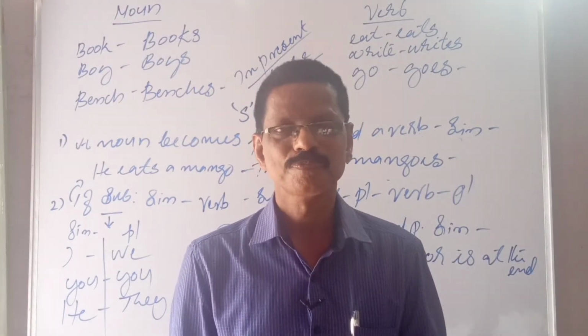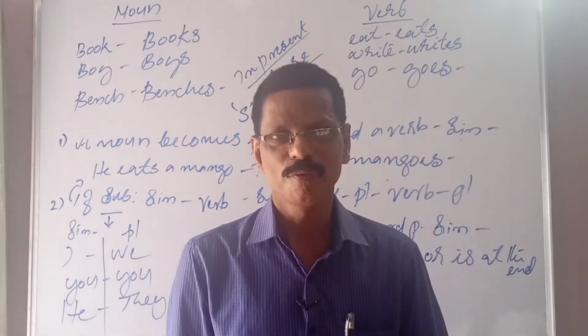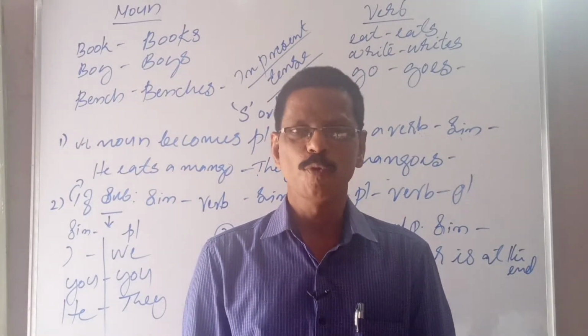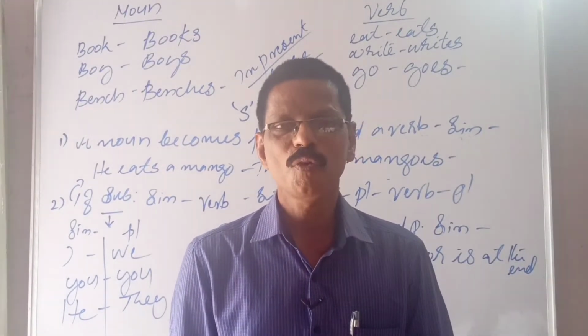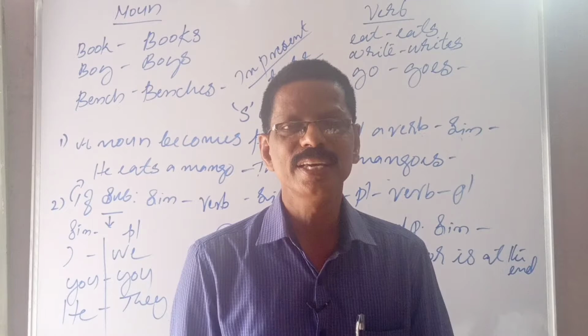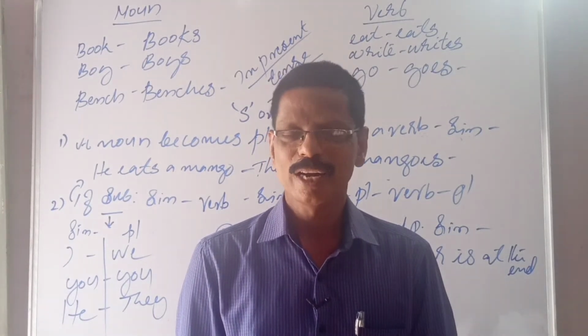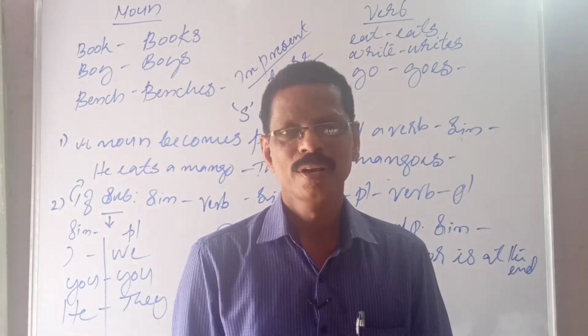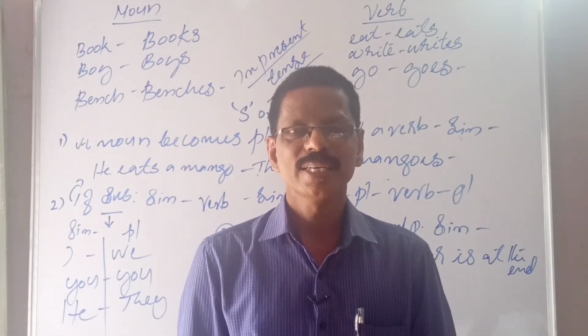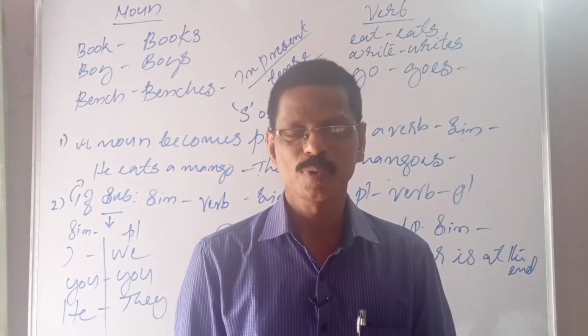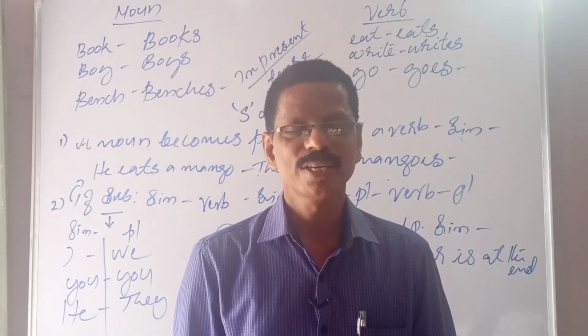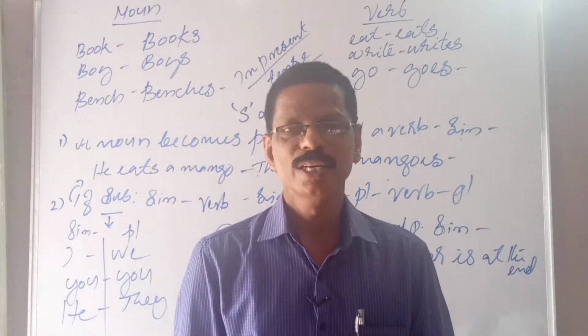Is it clear? Every verb generally has 3 forms, actually 5, because there is no form change. Just add ing, it becomes present continuous or present participle, the ing form. Or just add to, to plus verb. See, to eat, to drink, to write, to play.